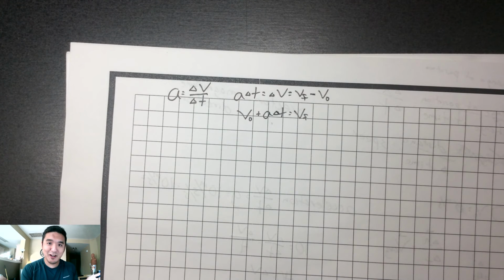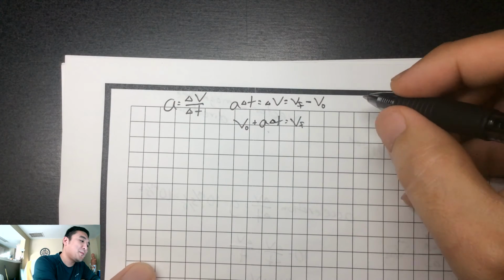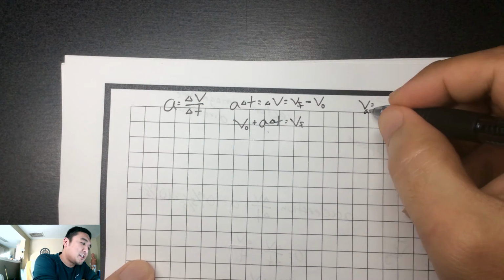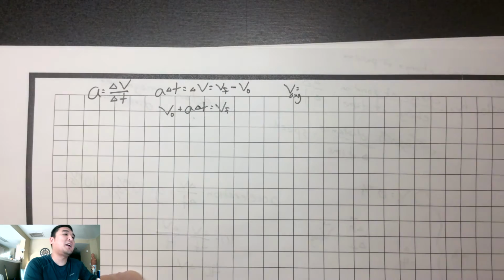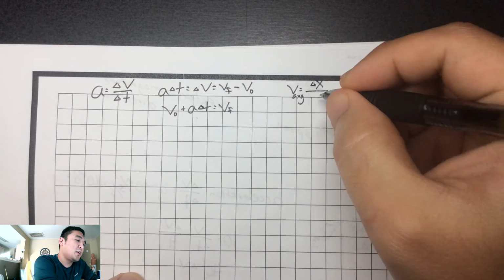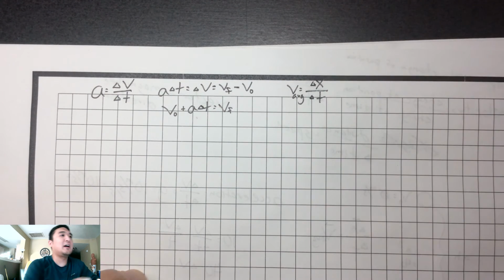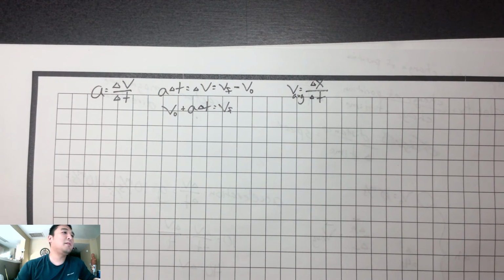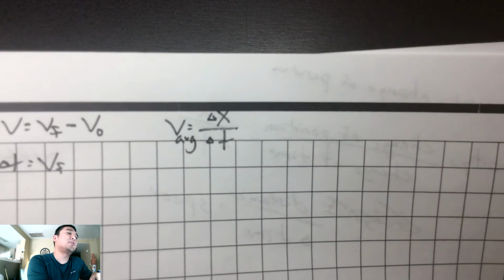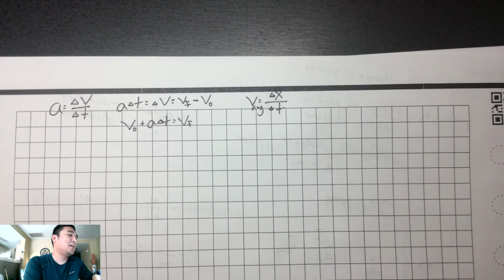Let's also talk about velocity, because velocity is an average velocity. Let's be a little bit more specific. An average velocity is a change of position over a change in time.